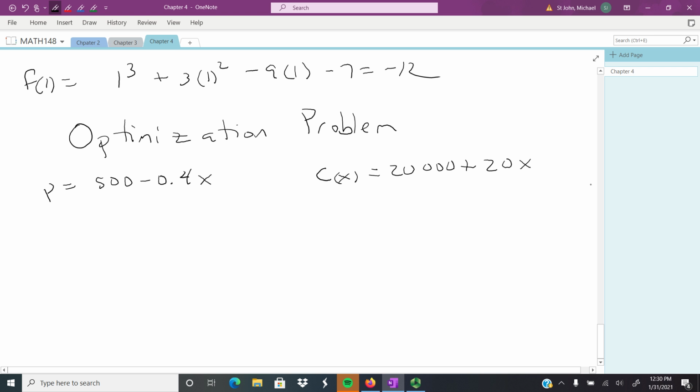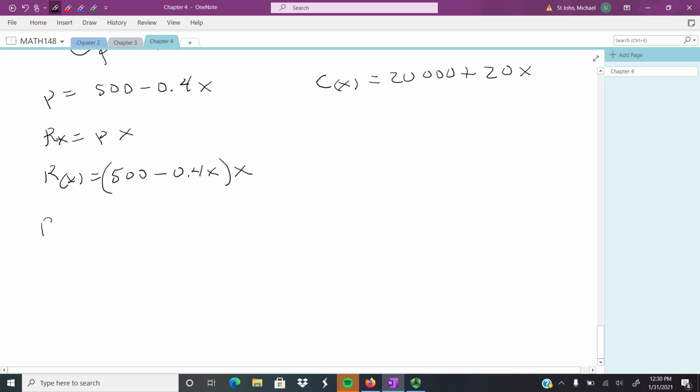Okay? And then, of course, revenue is given to be P times X. So revenue function is 500 minus 0.4x times X. So my revenue function is 500x minus 0.4x squared.